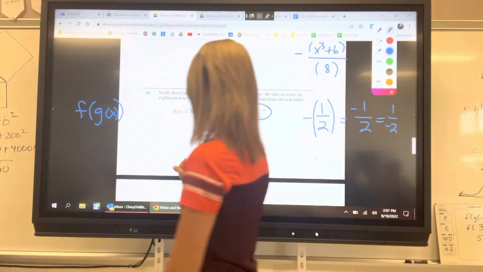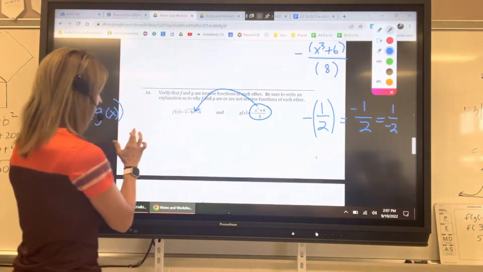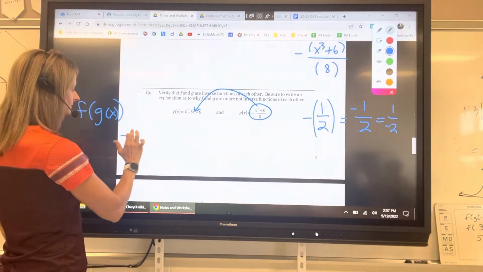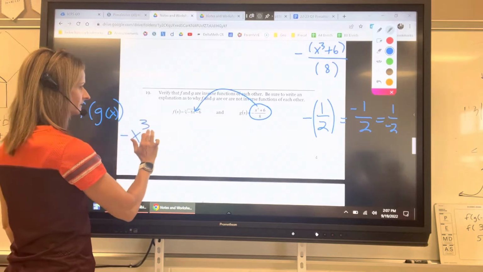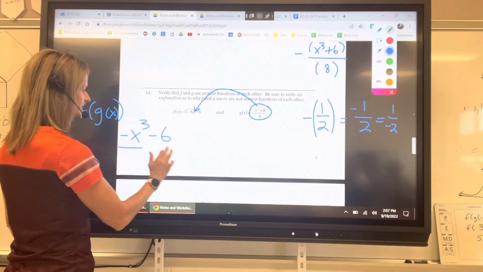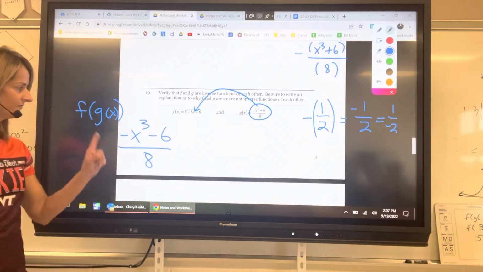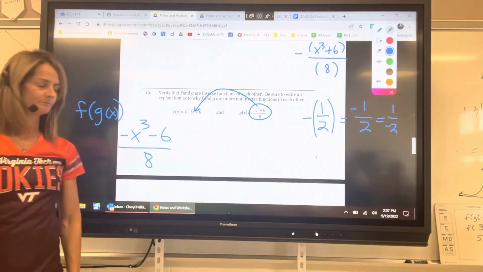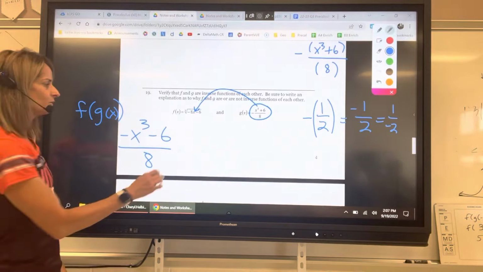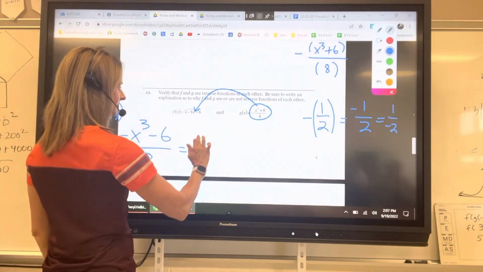All right, let's do it with numbers. Okay, no, let's not. So let me just rewrite. I'm going to distribute the negative to the numerator. There we go. This expression is the same as that one. Here's another one that's also the same. I'm going to distribute it to the denominator.